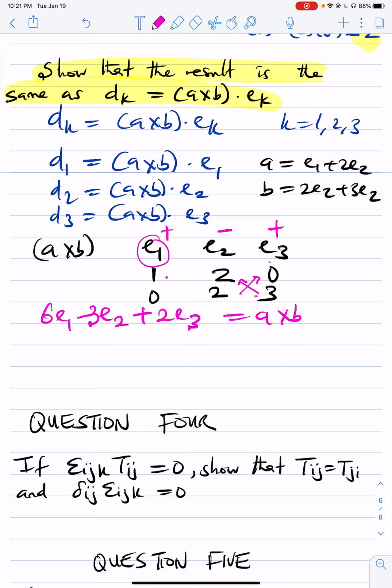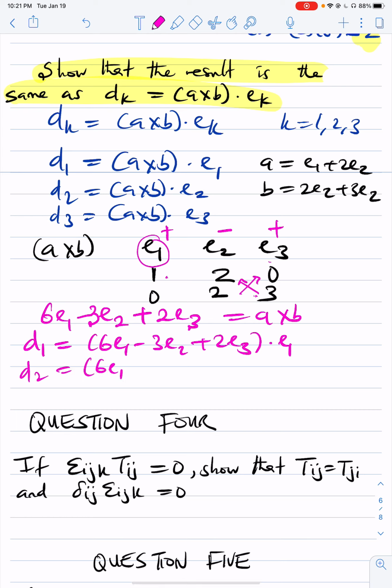Now for our expression, for D1 it will be A cross B, which is 6E1 minus 3E2 plus 2E3 dot E1. For D2 it will be 6E1 minus 3E2 plus 2E3 dot E2. D3 will become 6E1 minus 3E2 plus 2E3 dot E3.